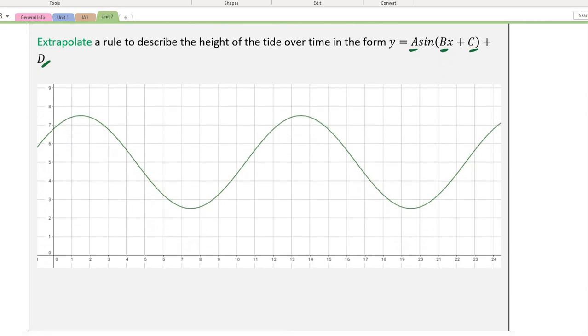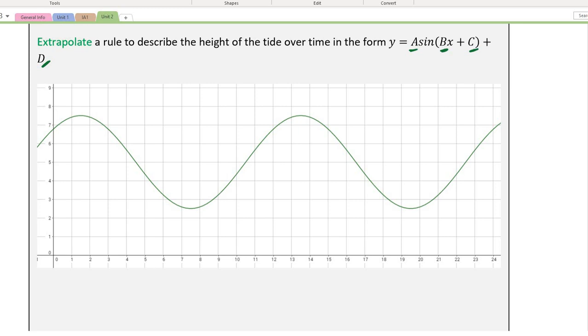Okay. Well, D and A, those are both to do with vertical shifts and stretching vertically. So, what do we think, guys? How would we go about finding either the D value or the A value? Okay, so you've jumped ahead, that's flagrantly obvious.